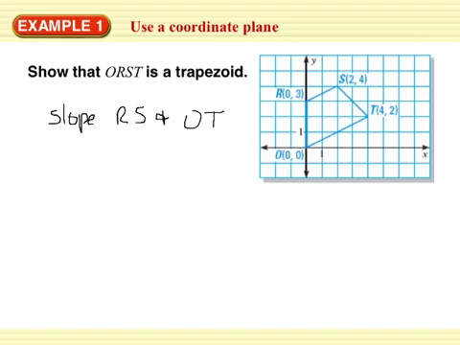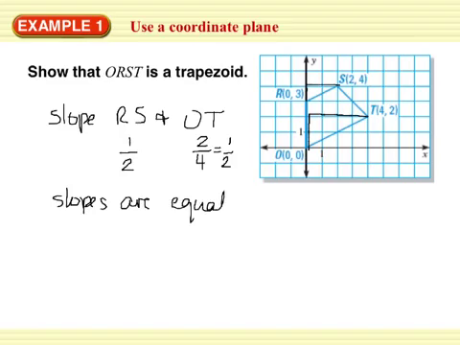The slope of RS is rise 1 over run 2. And the slope of OT is 1, 2, 3, 4, which simplifies to 1 over 2. The slopes are equal. So RS is in fact parallel to OT.